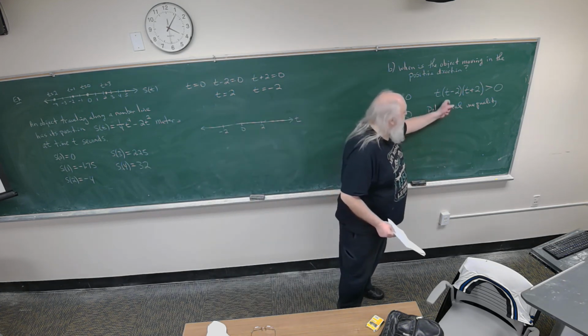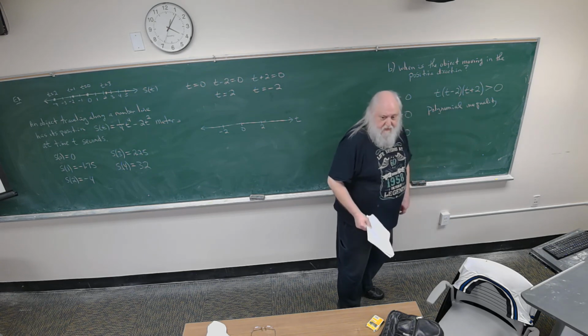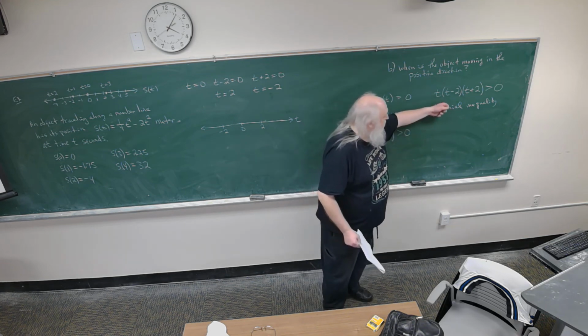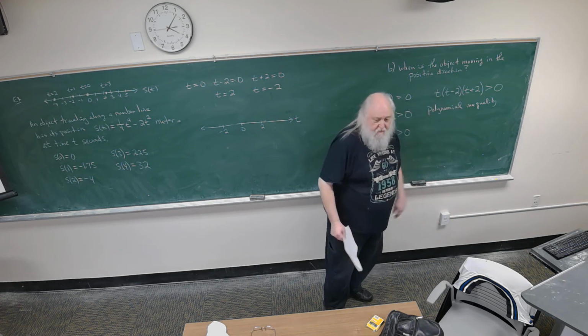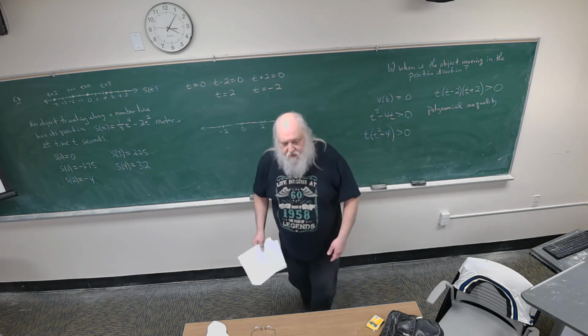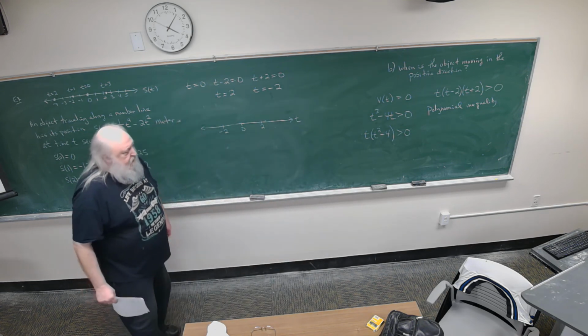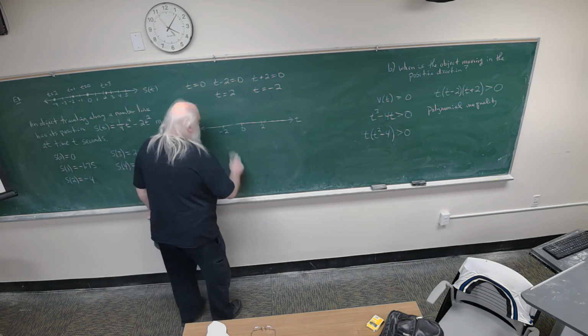We're only interested in positive values of t, because time starts at 0. So we don't care if negative values of t make the left-hand side greater than 0, because we're not interested in negative time, only positive time, starting at t equals 0. Okay? So we can ignore this guy out here.